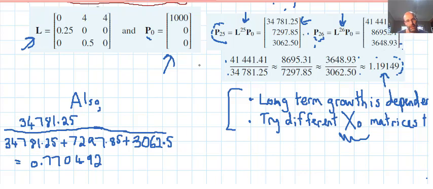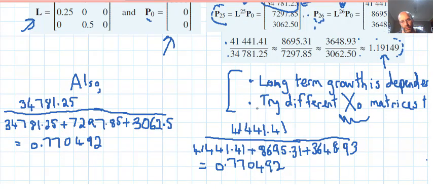Also, just to finish, if we get these populations here as a proportion of the total, this basically reinforces what I said earlier. We put the total on the denominator, and we see that this is 0.770492, which is 77%. And then if we try it with this other matrix here, we get the same calculation, and look at that, exactly the same value.